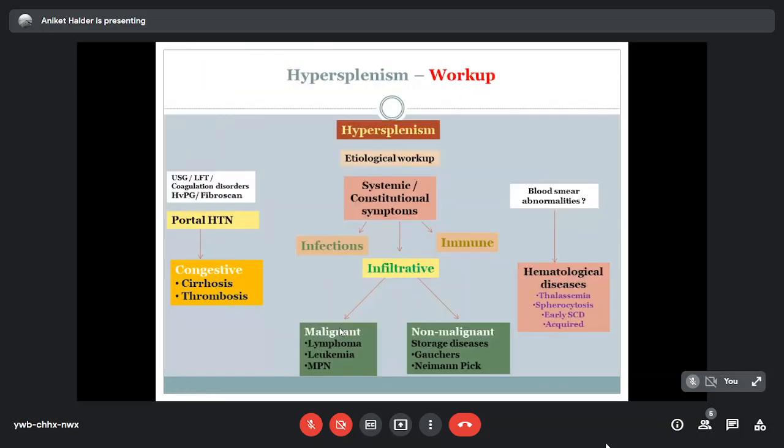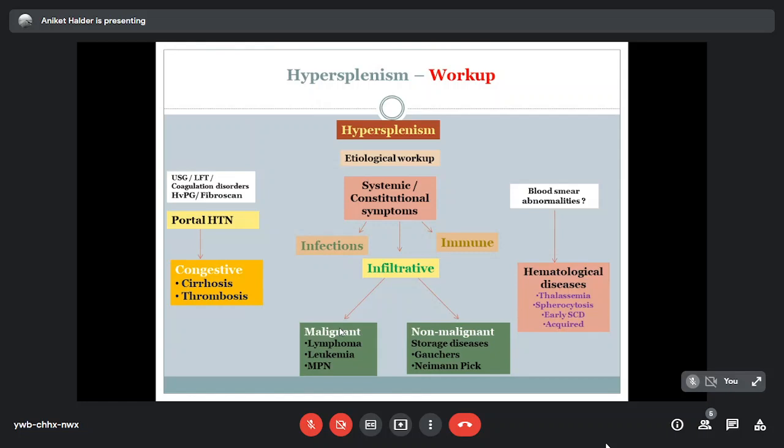So hypersplenism, as I had said, can occur in different conditions, and it is usually secondary. It is very rarely primary, in less than 10% of the cases. So, for a workup of hypersplenism, the first thing should be the workup for the etiology.